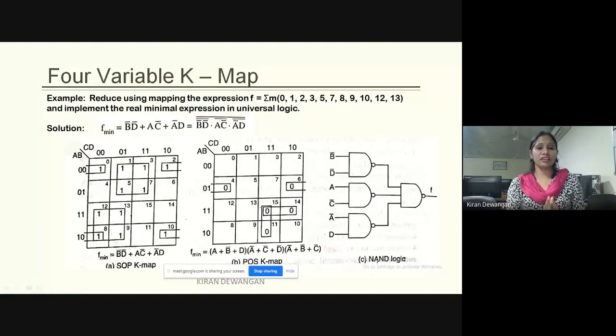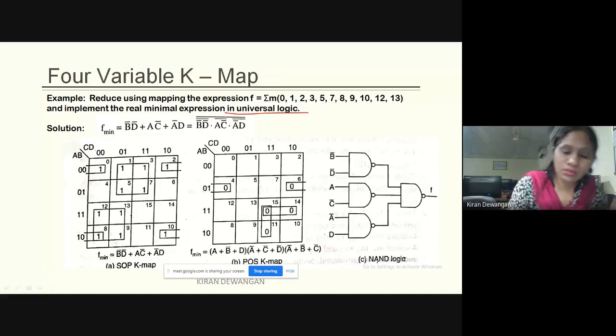Here it is not asking us to implement it in NAND logic or NOR logic. It is saying in universal logic. So we can take any of the universal logic, either NAND logic or NOR logic, depending on our interest.